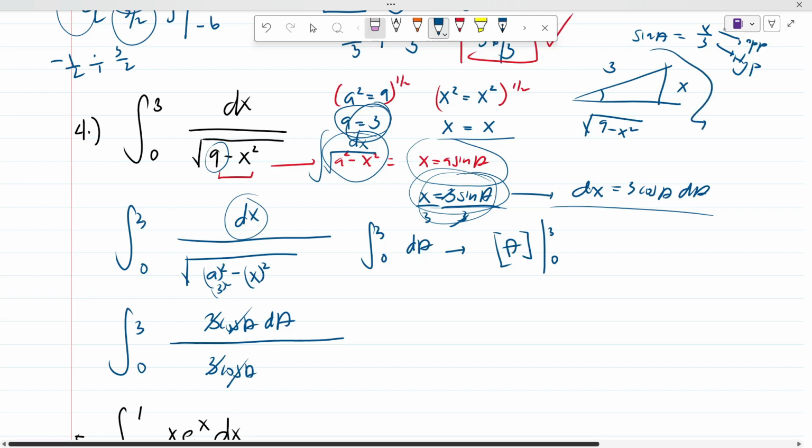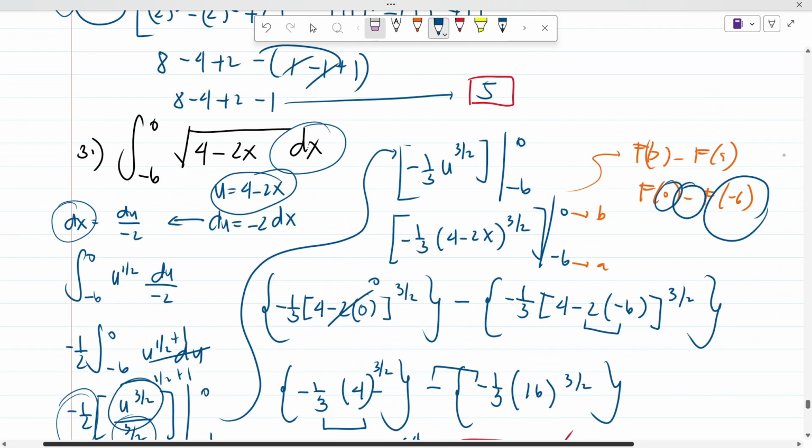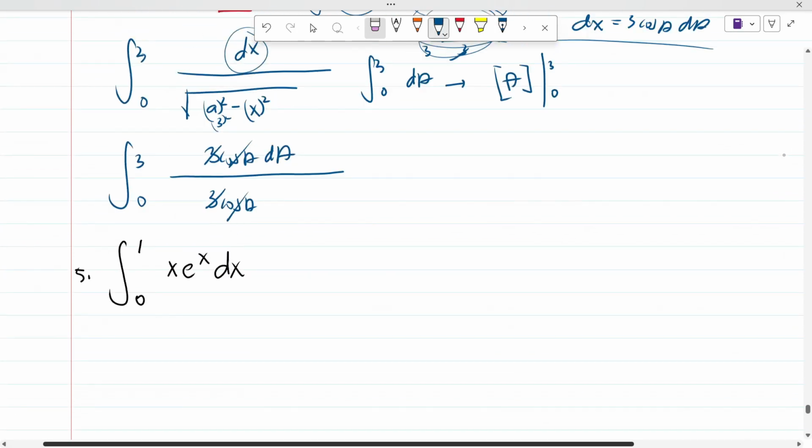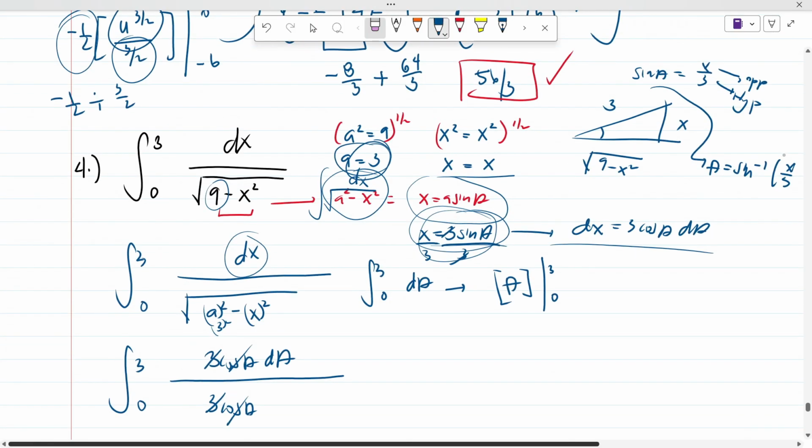So, sine theta, pwede natin gawin yung theta sine of negative 1 x all over 3. X all over 3. So, the value of theta is arc sine x all over 3 with the limits of 0 to 3.